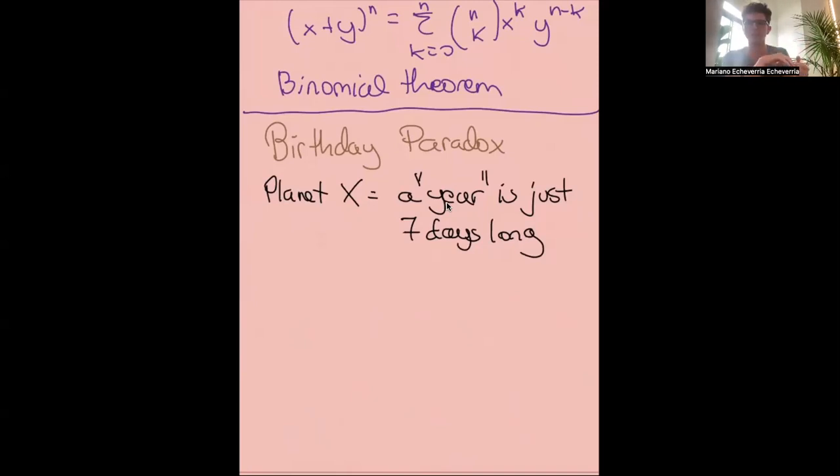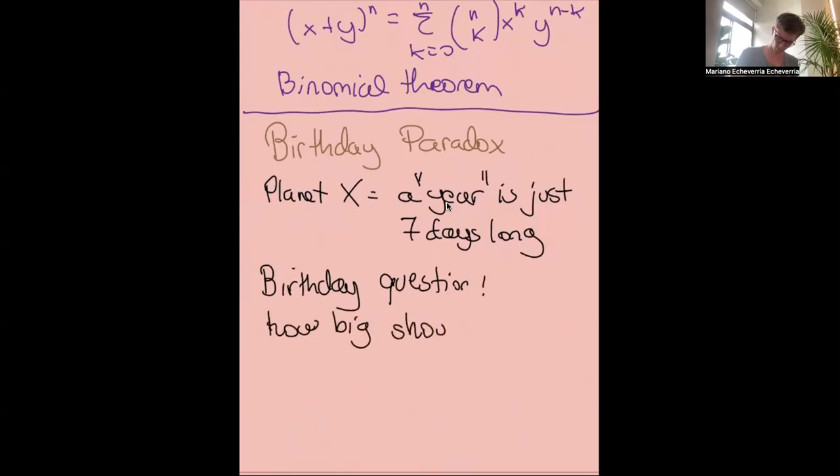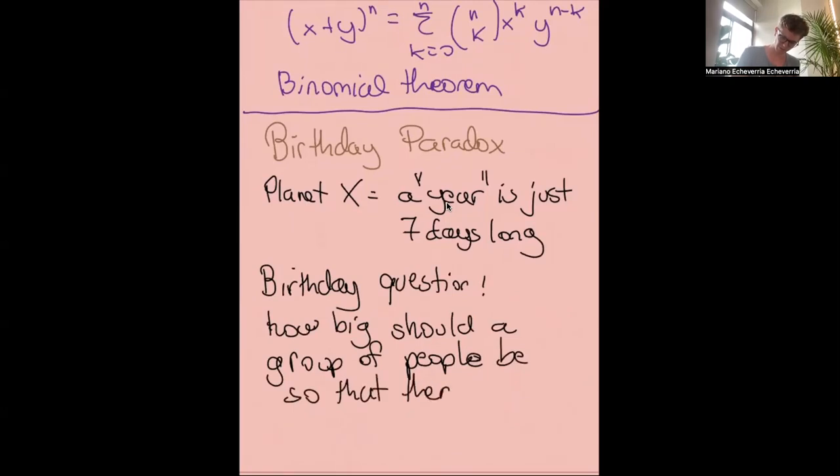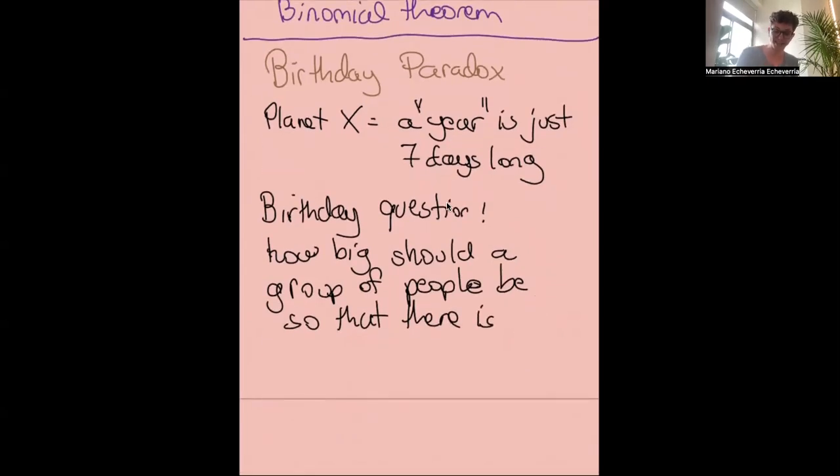So the birthday question is: how big should a group of people be so that there is at least a 50% chance, and here I'm going to emphasize at least, that 2 or more of these people will be born on the same day?